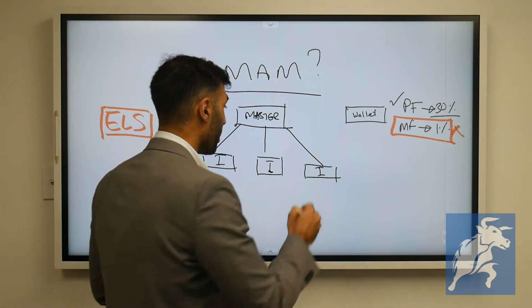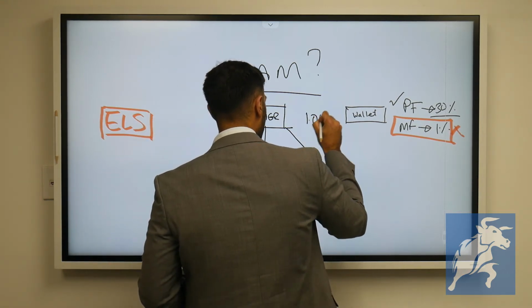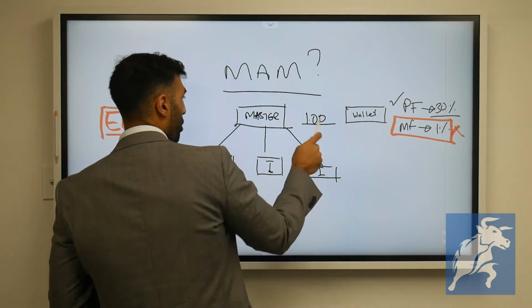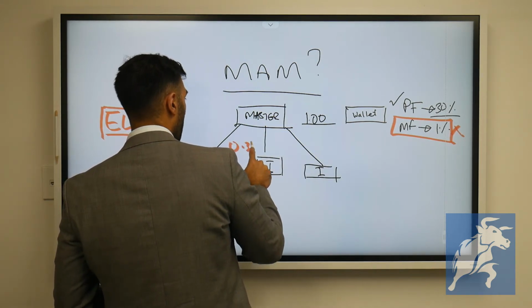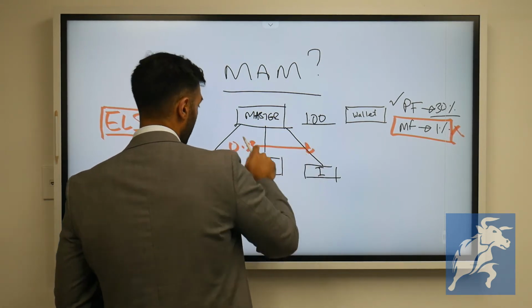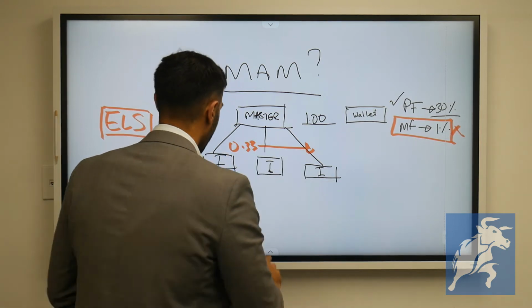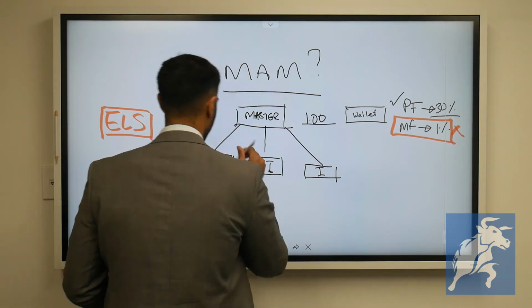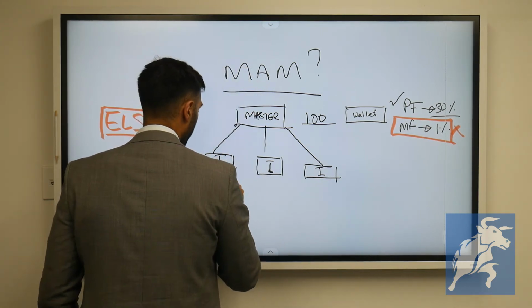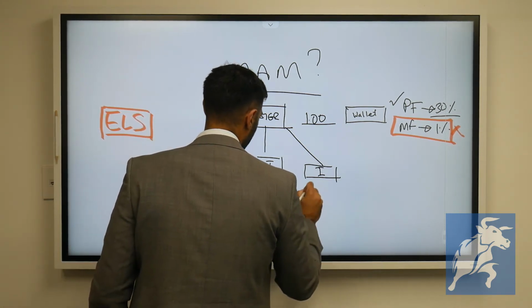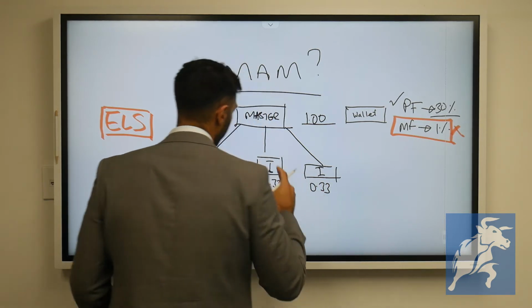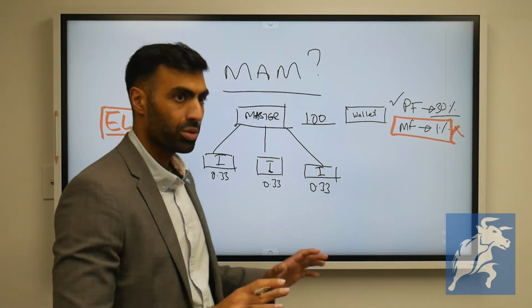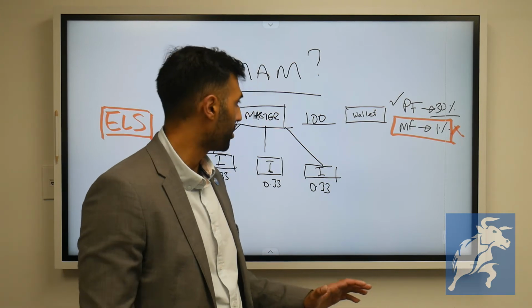So if you trade one lot on your master MAM account, you have 0.33, which is allocated across the investor accounts equally. Let me roll that a bit better for you guys. So one lot, 0.33, 0.33, 0.33. That is an equal distribution across your investor accounts.